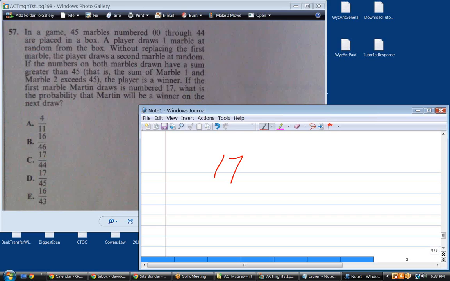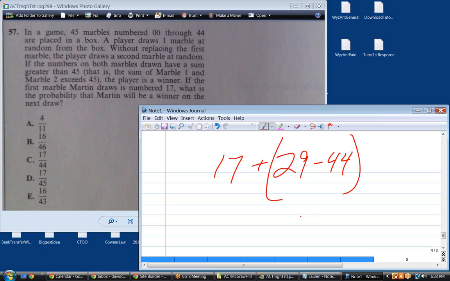What number added to 17 equals 45? 28. Okay, but it has to exceed 45. So we need that second marble to be 29 through 44, one of those numbers. How many numbers is that? 15.